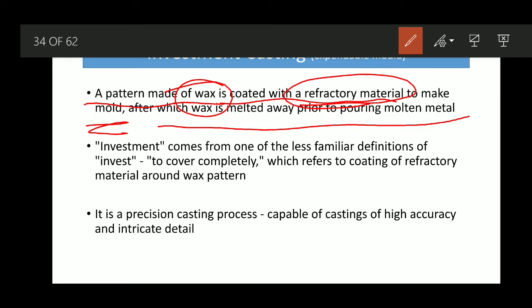Why is the name investment? Investment means to cover completely, which refers to the coating of the refractory material around the wax pattern.